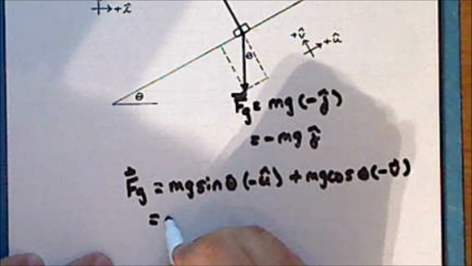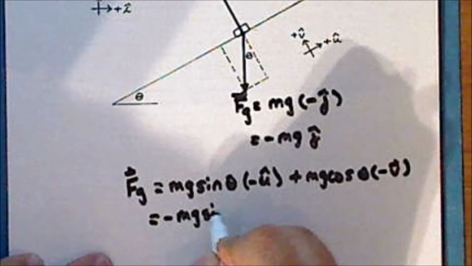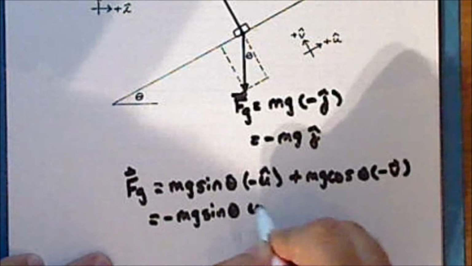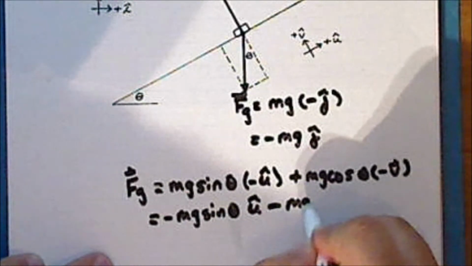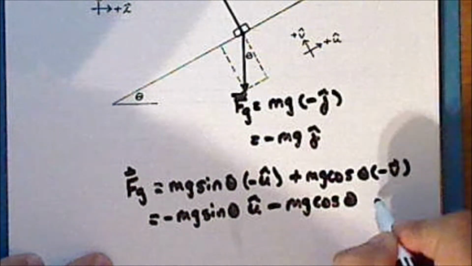And so this is negative mg sine theta u hat minus mg cosine theta v hat.